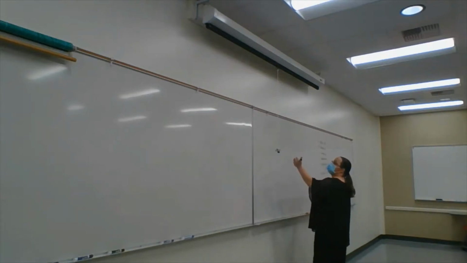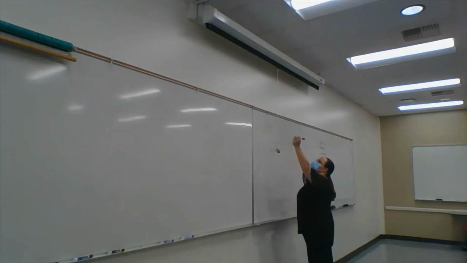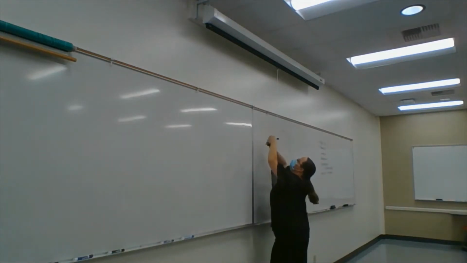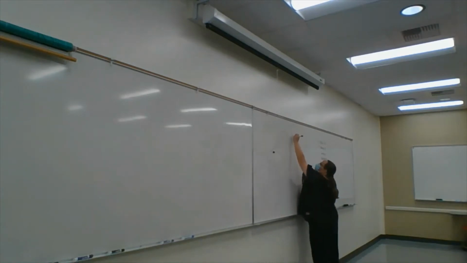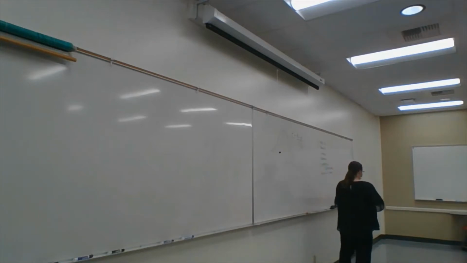So remember when we had the situation where we had, okay, here's our distribution, and we have this formula that said t equals x bar minus mu divided by s this time, standard deviation, divided by the square root of n. Everybody remember that formula?